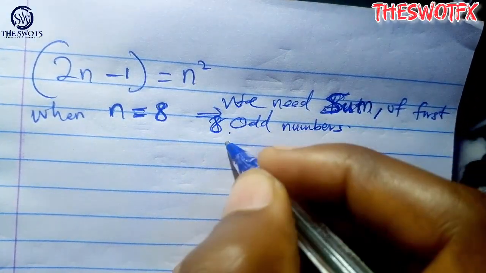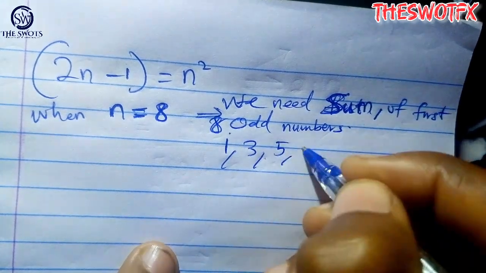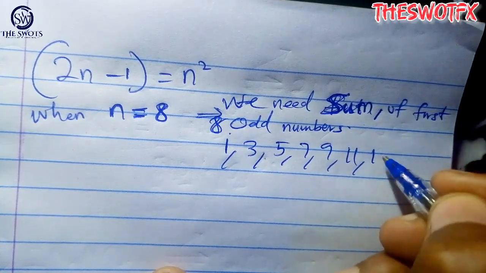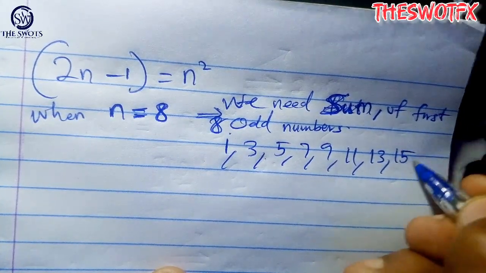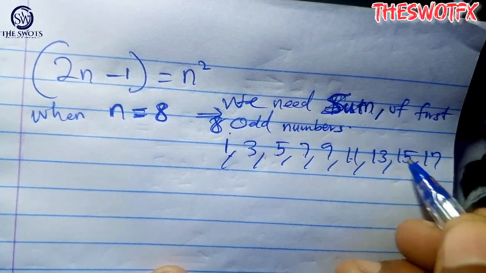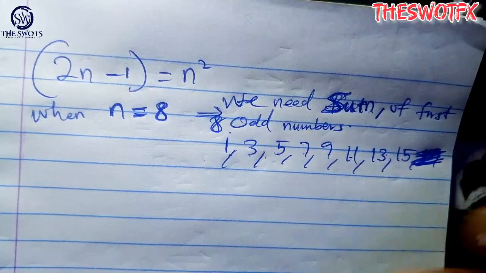And what are the first 8 odd numbers? We have 1, 3, 5, 7, 9, 11, 13, 15. That's 1, 2, 3, 4, 5, 6, 7, 8. So this is the first 8 numbers, right? Now these are the first 8.